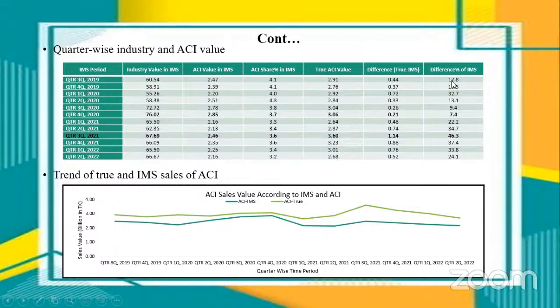And it was 17.8%. That means in quarter 3 2019, the actual value of ACI was 17.8% greater than the IMS value. Similarly, in the last quarter, 2Q 2022, the IMS value of ACI was 2.16 billion taka.